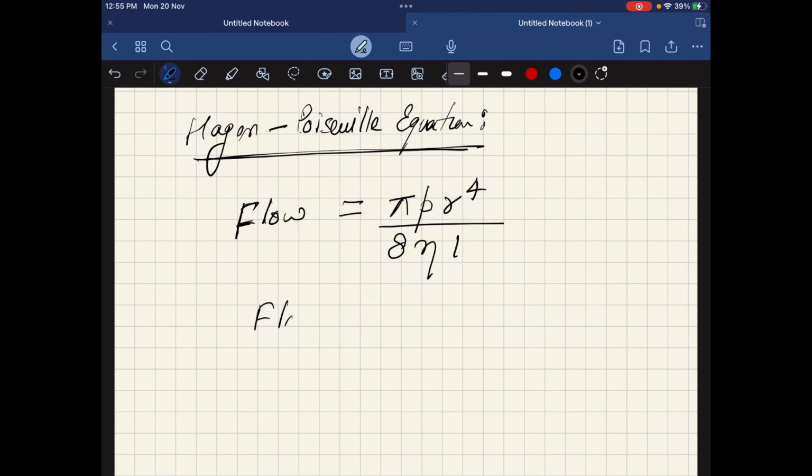So just to remember, the most important thing is that flow is directly proportional to the r to the power 4. That is very important.